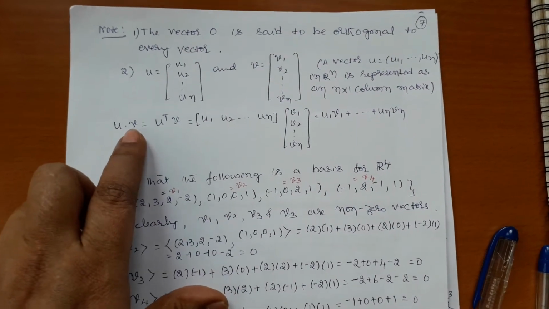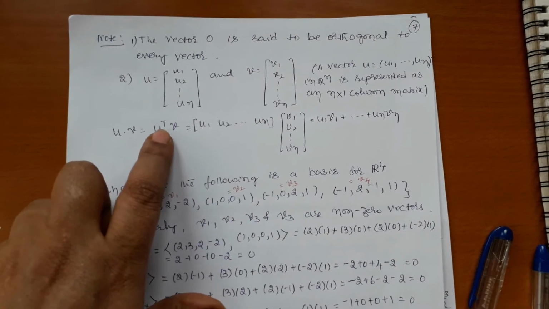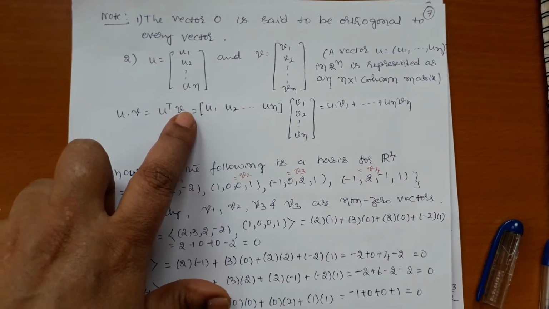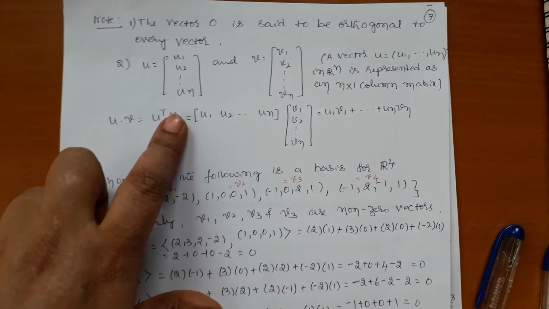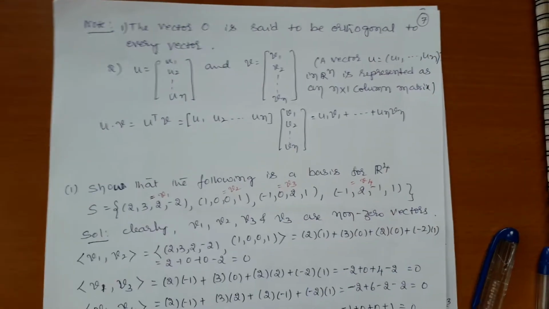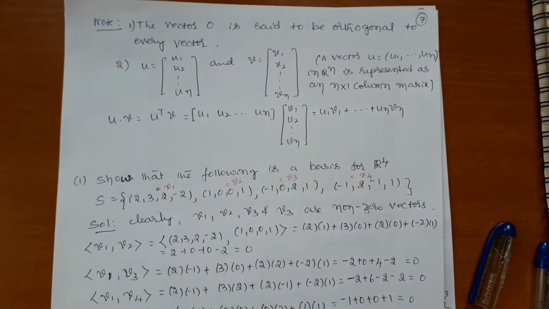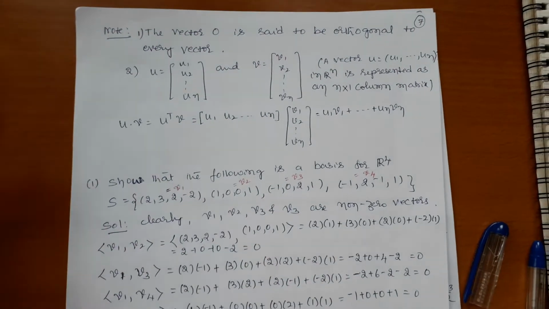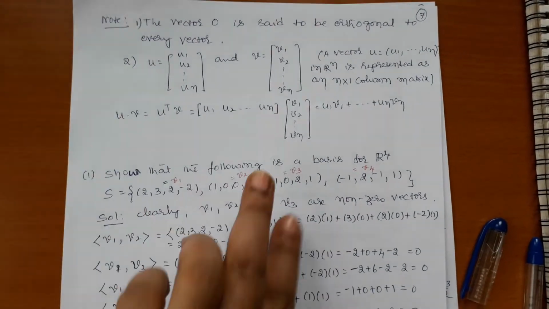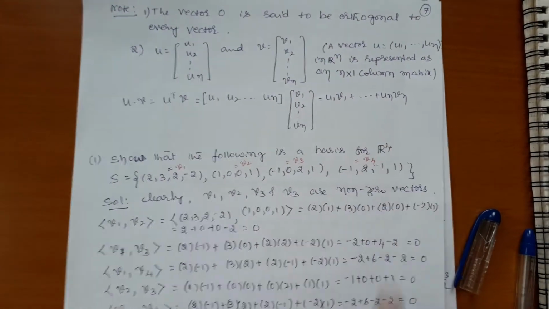Therefore, U dot V, meaning the inner product of U comma V, is nothing but U transpose into V. I told this in the beginning class of inner product space. Suppose the vector is given in the form of a column, as they usually do in David Lay. Then the inner product of U comma V is U dot V, or U transpose V. Both are the same thing. That's the thing I am explaining in the note.